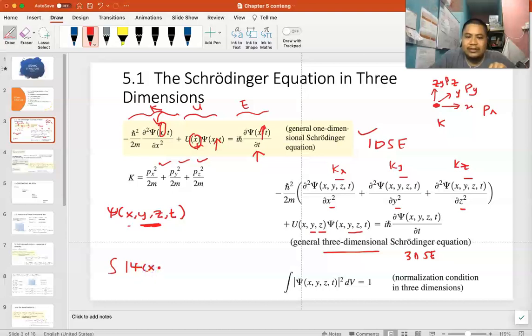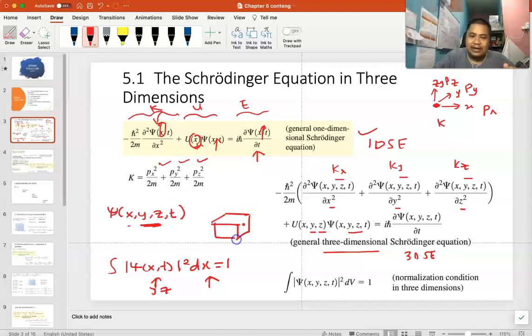Alright, so for the normalization condition in the previous chapter, in 1 dimension, it is written as the integral of the probability density dx equal to 1. That means the probability to find a particle along the x-axis is equal to 1. But in 3 dimensions, we have to change this x and include y and z. Because 3 dimensions is a space, it is a volume, right?